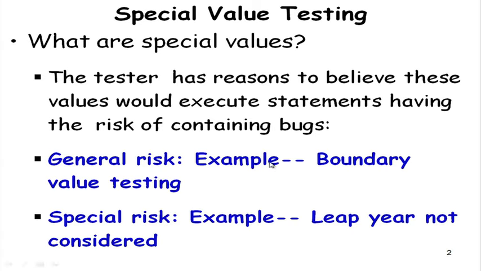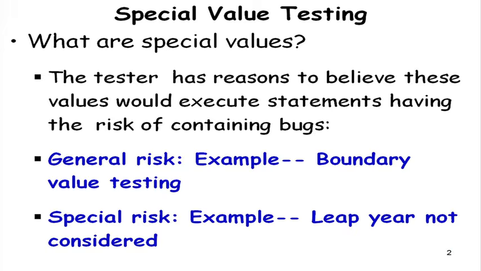Let us look at what are the different special values where a program can fail. One is a general risk of failure applicable across all programs. The name of this special value is boundary value. The programmers, for some reason, while writing their program, commit errors at the boundary of the equivalence classes.